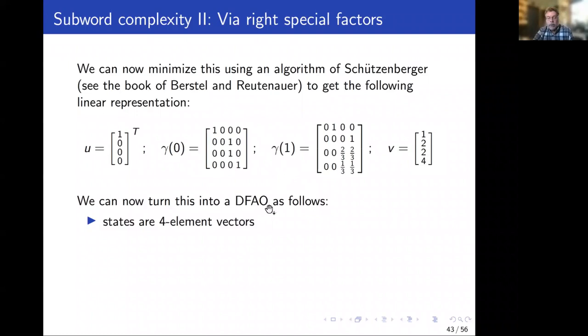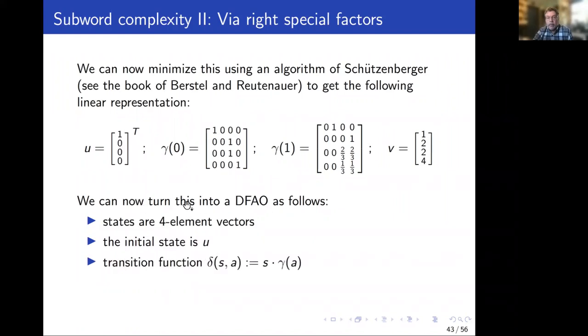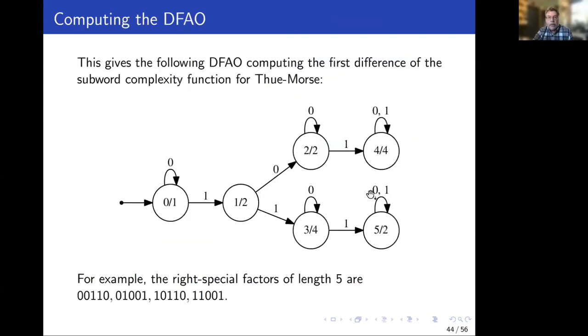So we can turn this into a DFAO, where the states are 4-element vectors. The initial state is this vector. You go from state to state by multiplying by the appropriate gamma value matrix. And the output is the state dotted with this V. And when we do that, we get this DFAO, and this computes the first difference of the subword complexity for 2A Morse.